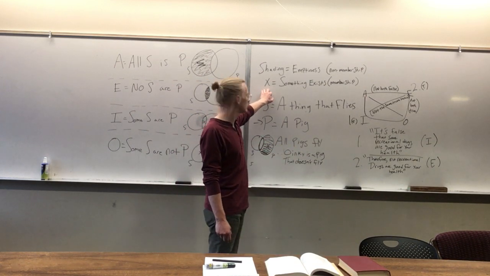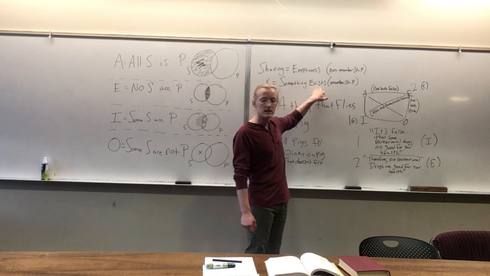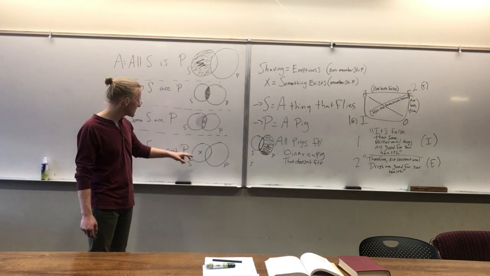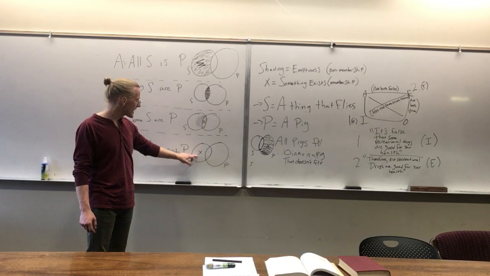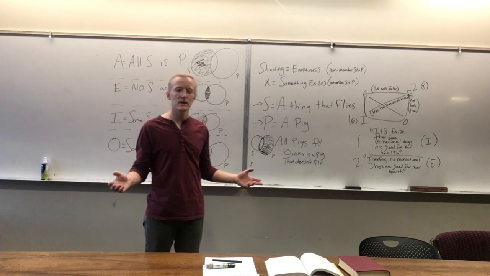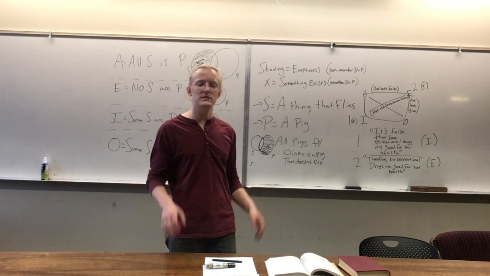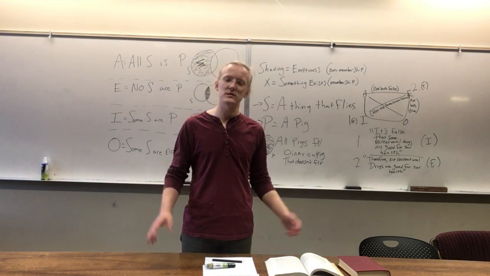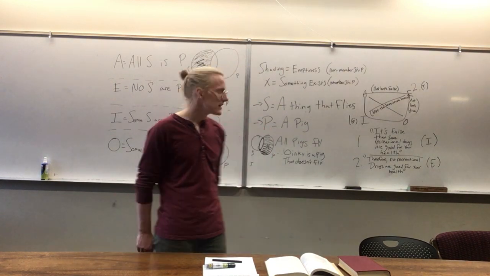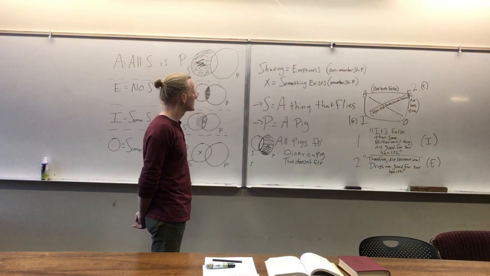Whereas an X indicates that something exists. It indicates membership. It indicates that there exists something that has the property P. There's some subject out there that has the property of being a swan, or there's something out there that is a pig, or there's something out there that flies, right? So we're talking about membership.